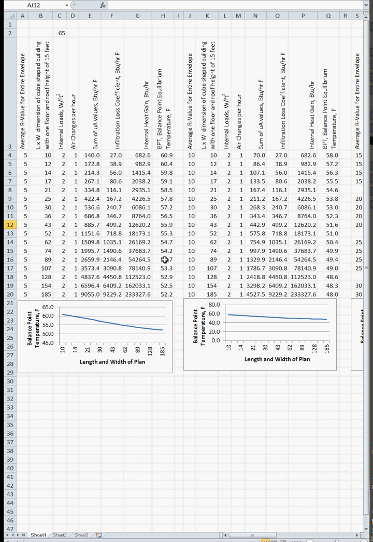Thermal equilibrium balance point temperature is the temperature at which you would be, by analogy, in equilibrium with the outdoor environment. You'd be losing heat as fast as you produce it metabolically, and you'd be comfortable. For a building, it's the outdoor temperature at which the losses through the skin and through air change is equal to the internal gain from people, lights, and equipment.